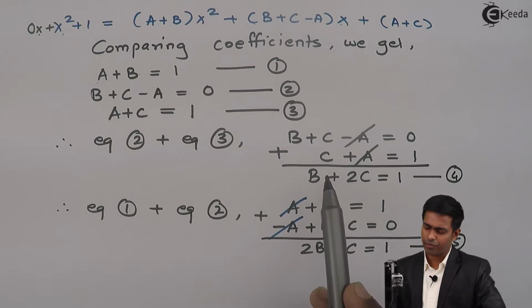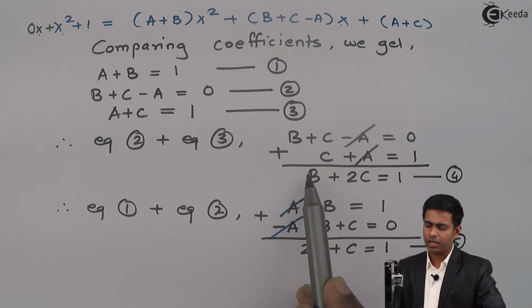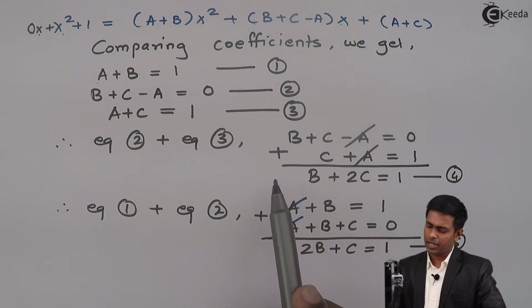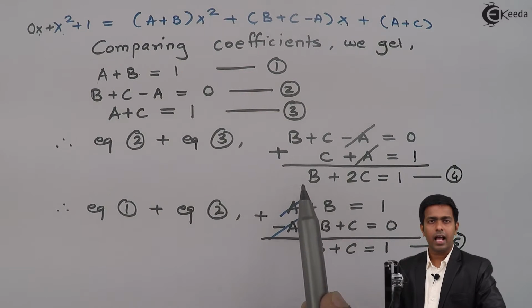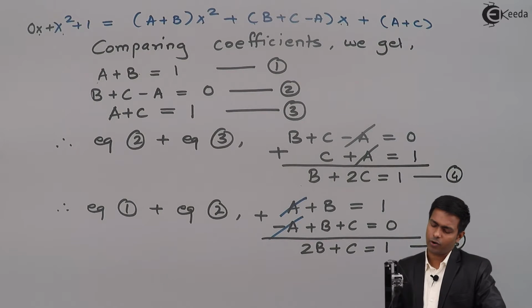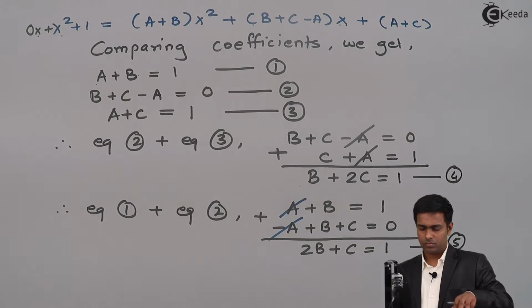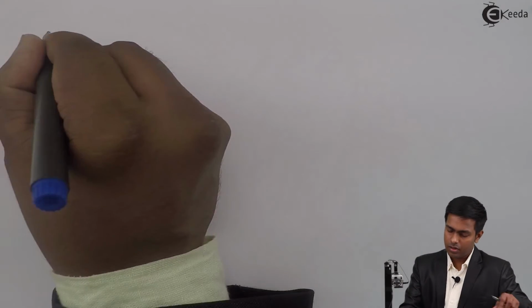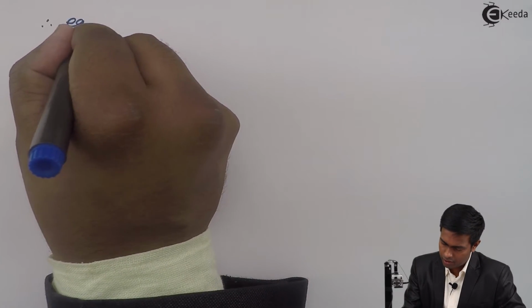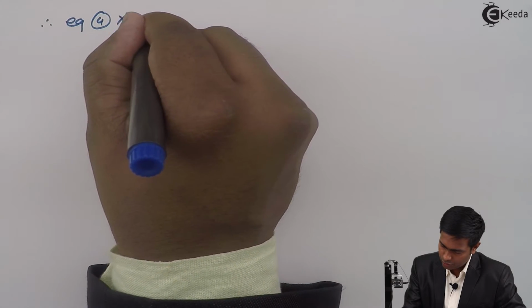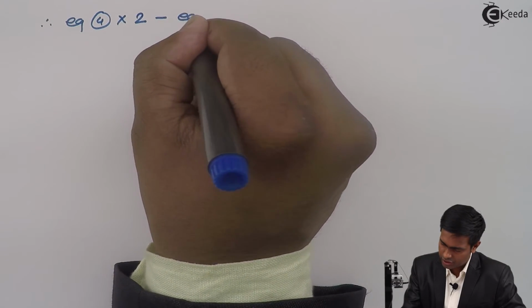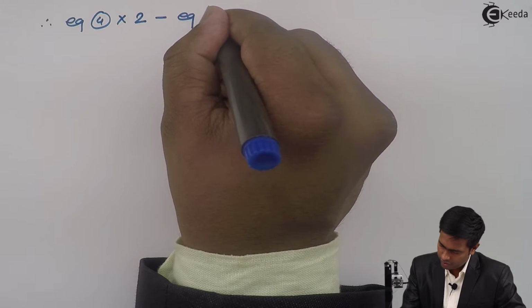So we can subtract equations 4 and 5 once it becomes 2b. So we will multiply equation number 4 by 2 and then we will subtract equation number 5 from equation number 4. So we will say therefore equation number 4 into 2 minus equation number 5.